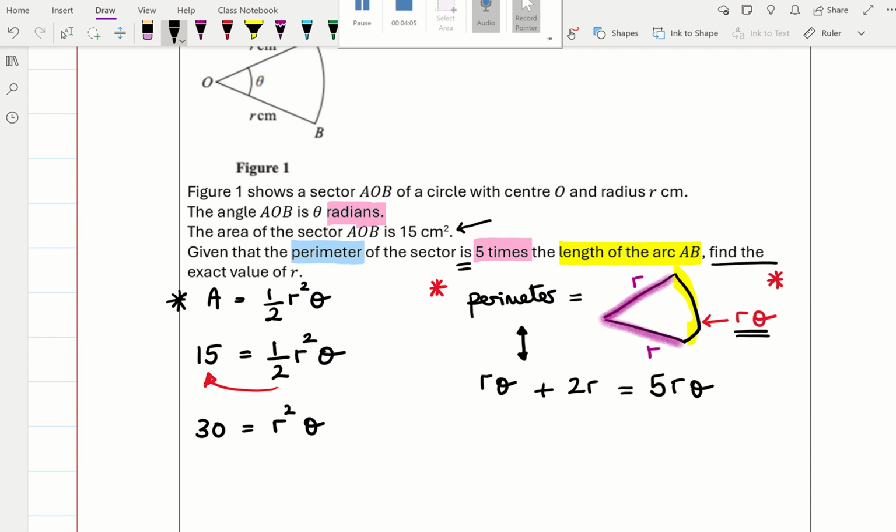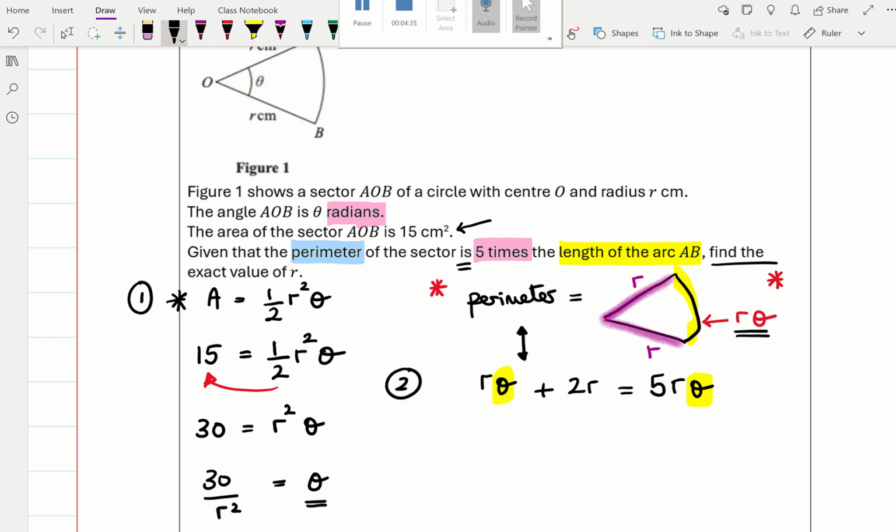This is going to be the last thing I do. But what would be helpful is to find an expression in terms of theta to start with, because I don't want to have two unknowns. So theta equals 30 divided by r squared. So that's my step 1, to get an expression for theta.